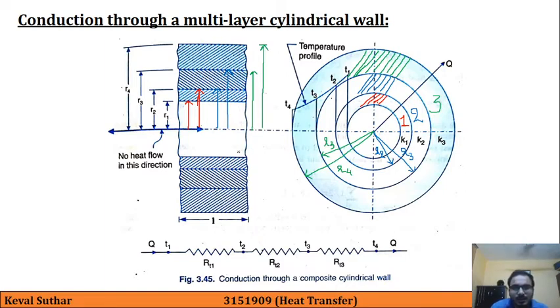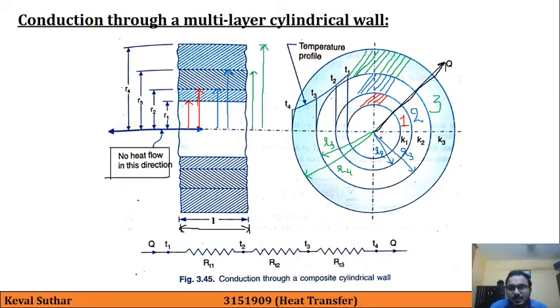Okay, and here the length of the pipe is shown as L. It is assumed that the flow of heat is only in the radial direction like this. There is no flow in axial direction.